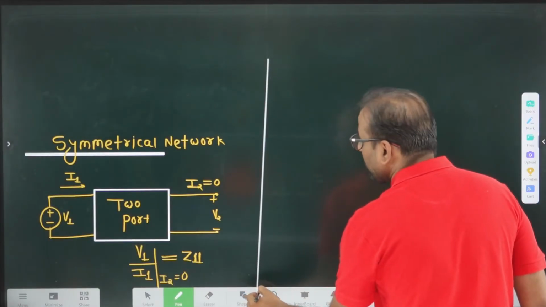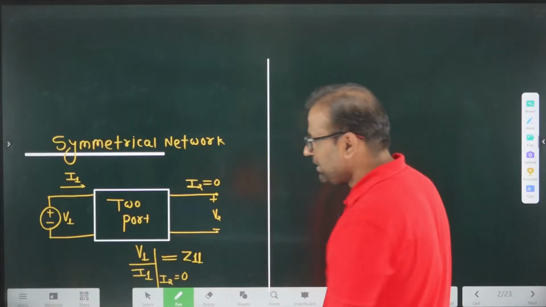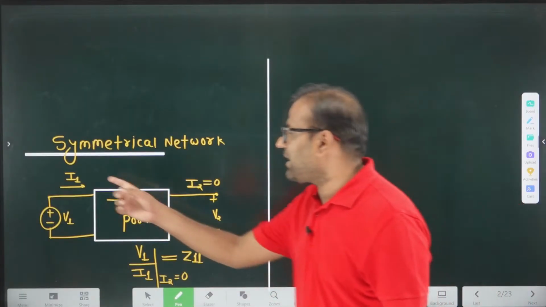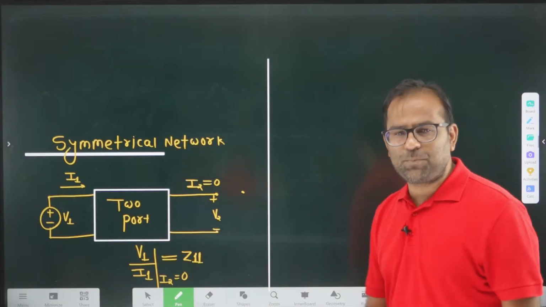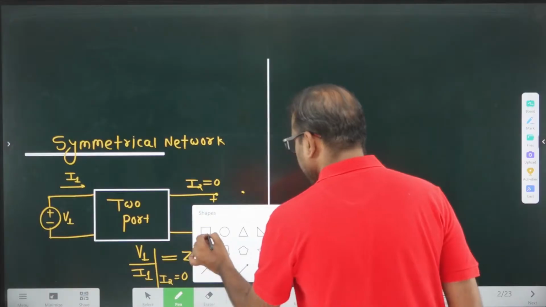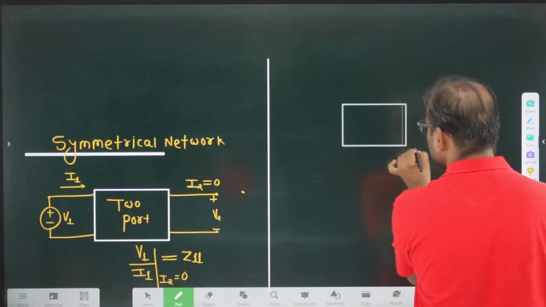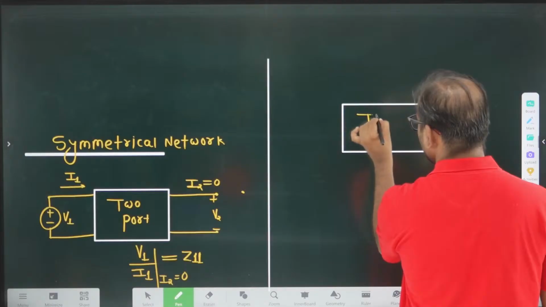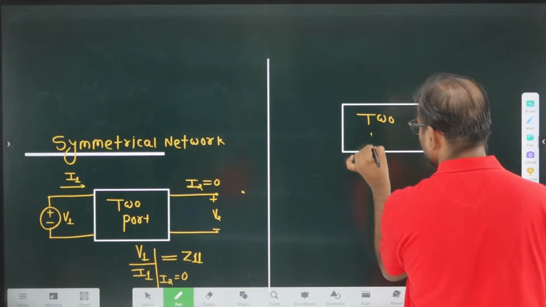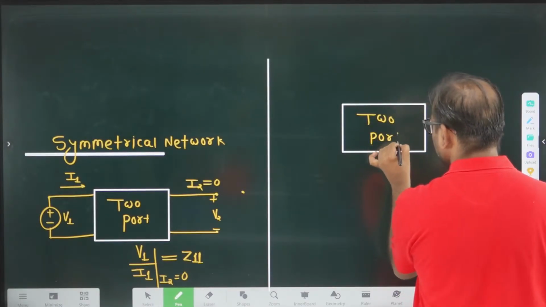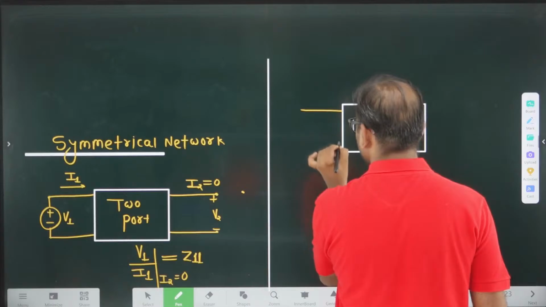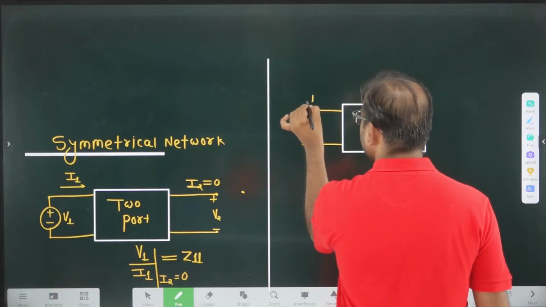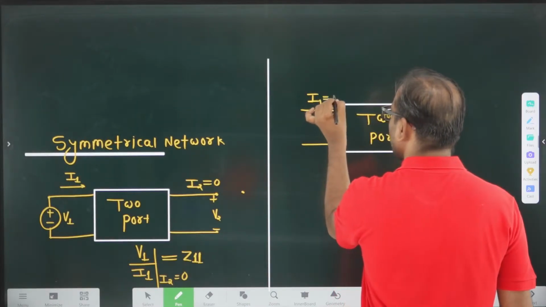What is the next condition? Case 2 is this: when I am making I1 equal to 0. So we are interchanging the ports. This is our two-port network, and this time we are making I1 equal to 0.